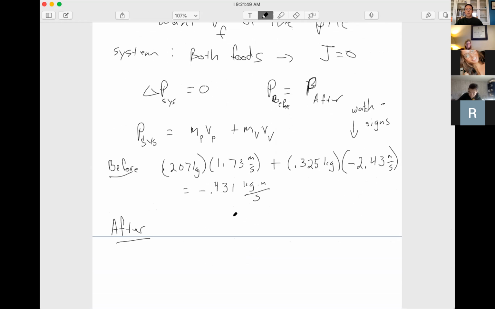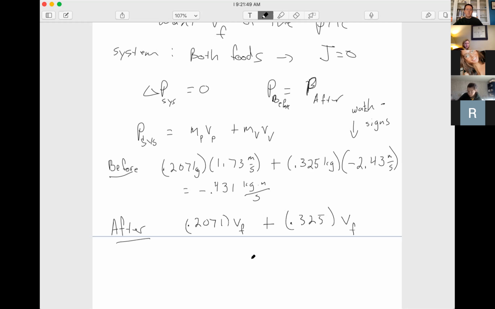Well, I don't know the final velocity, but I have their masses, so I can say that's going to be, for the pizza, 0.2071 times v final, which I don't know, but they have the same final velocity, so that's all I need. Plus 0.325 for the veggie burger, times again the final velocity.